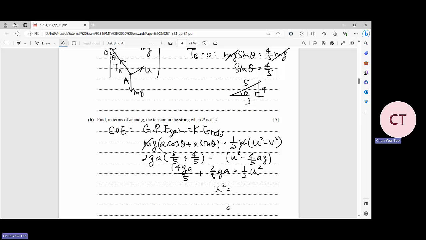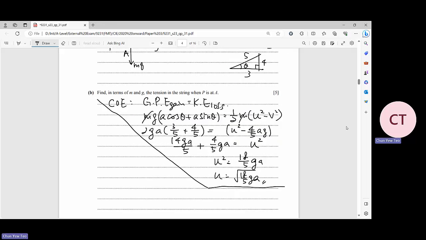There's not supposed to have a half here because the half, I already multiplied it to here. So there's not supposed to have a half anymore. Okay, so this is what we have. Then this one is a plus of 4. So therefore your u square will be 18/5 GA, or you can write u as the square root of 18/5 GA. That is what I need from the conservation of energy.